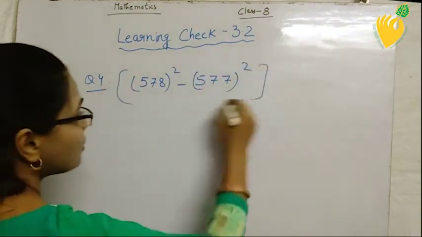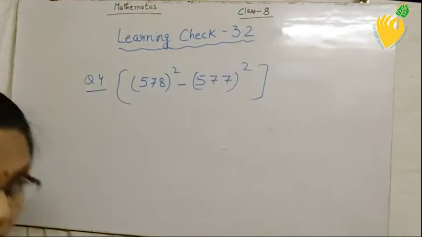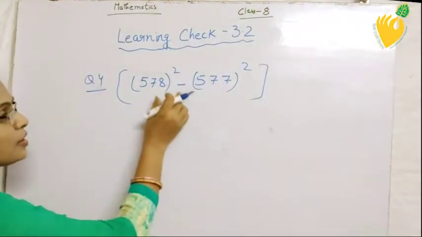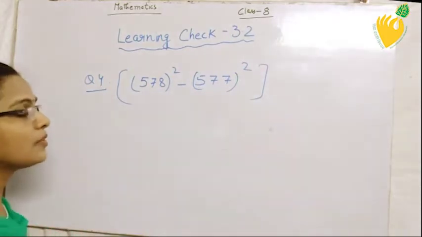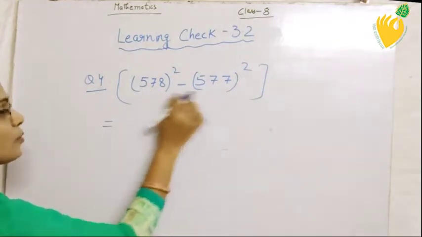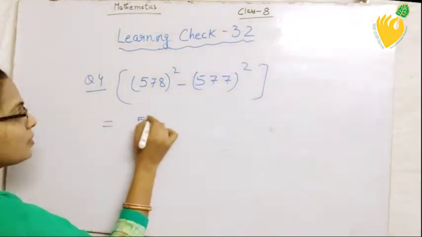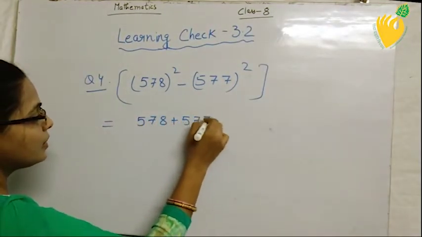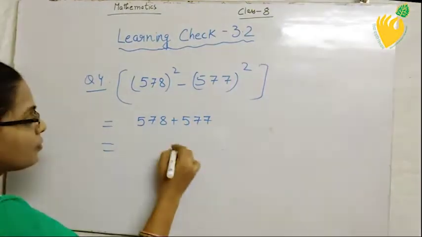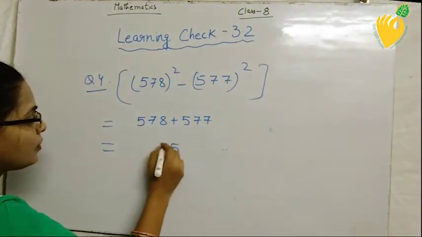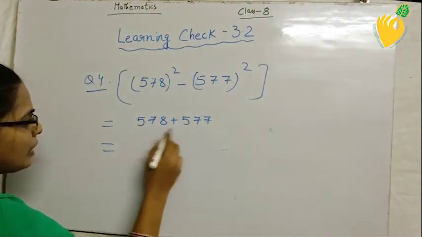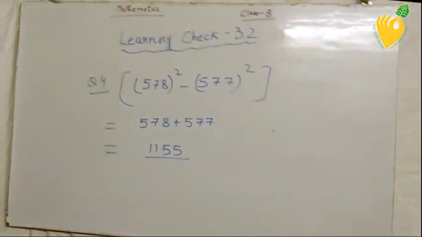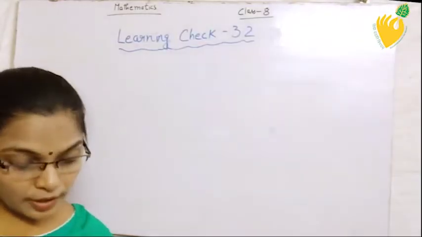You have to find the value of this without solving, and this is one of the properties of squares, that the difference of the squares of two consecutive numbers is equal to the sum of these two numbers. That means you can directly find this by adding the numbers, 578 and 577, as 1155. This is the answer.